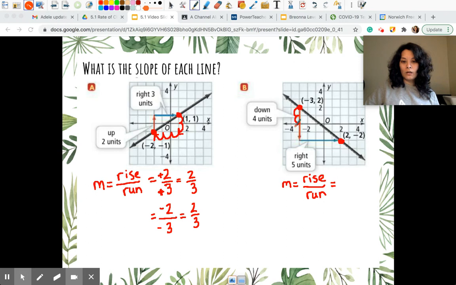I'm going to rise 4 units, but I actually went down, so that's negative. And then I'm going to run 5 units. And since I went to the right, it stays a positive. So my final slope is a negative 4/5. And obviously, if you're getting a slope that can reduce to something smaller, you want to reduce it. And that's it. That's how you calculate slope from a graph.